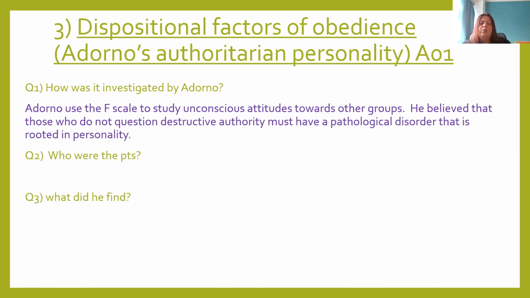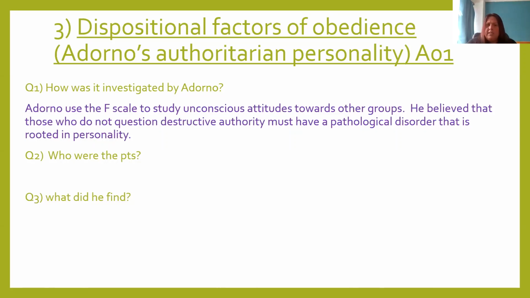And he believed that those who do not question destructive authority perhaps have some sort of pathological disorder, and it's rooted in our personality. So some of you might recall from our lessons, you sat down and you actually completed the F scale, and there were some questions on there. And there are certainly attitudes that we perhaps hold towards certain groups of individuals. So it's done in such a way to record those unconscious attitudes.